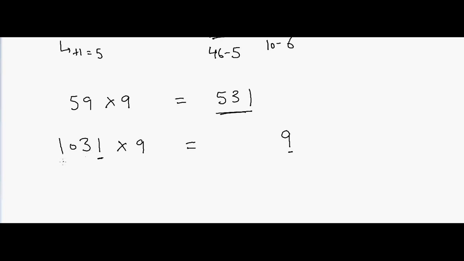Then I have 103, and I add 1 to it, that will be 104. And then I have to subtract 1031 minus 104. This could be a little tricky for some people, but if you look, it's not that hard. It's 927. So the answer will be equal to 9279.